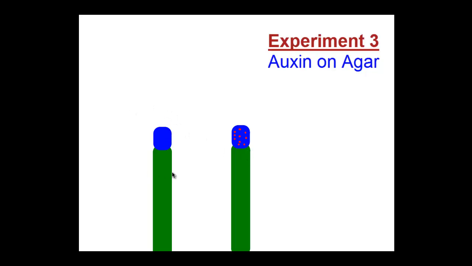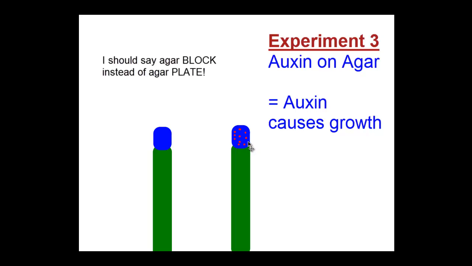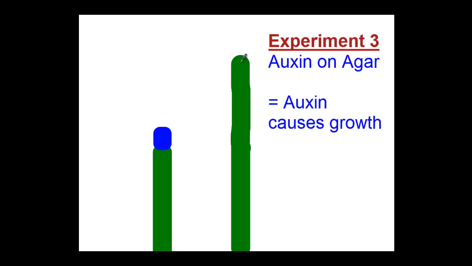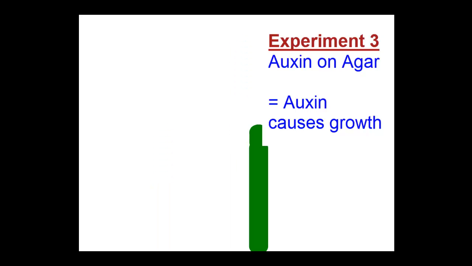And what they observe is very little growth occurring when there's no coleoptile and no chemical being released. But when they put the auxin on the agar plate, or they take one of these agar plates that they know has auxin in it, they find that there's quite a lot of growth and the plant will continue to grow up. And that's just really reinforcing the evidence that it is the auxin causing the growth.